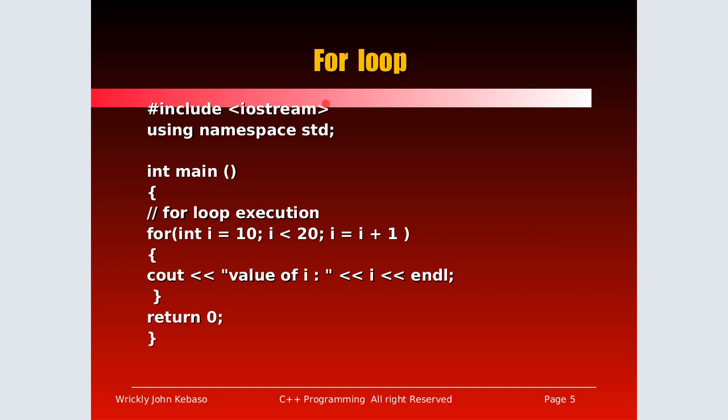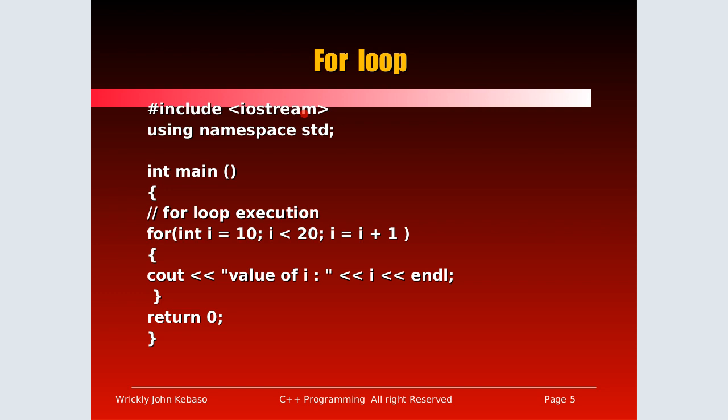It's like I can tell you, before you come to class, make sure you have your laptop. Are we getting that? So this hash include is telling the compiler that before you compile this program, include another file called input output stream within this particular compilation context of the program.